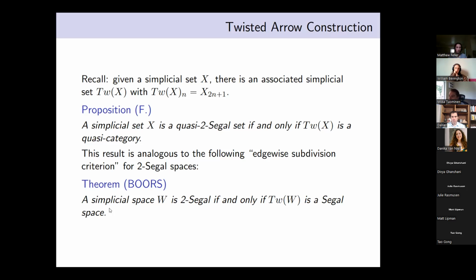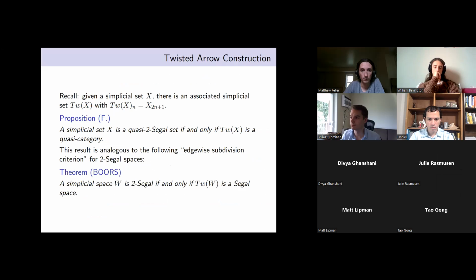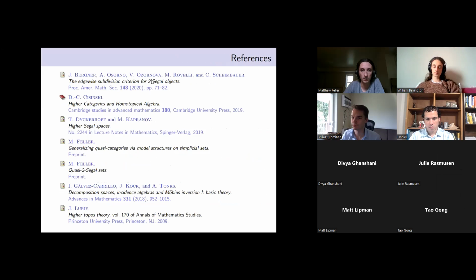There's a paper showing that a simplicial space is 2-Segal if and only if its twisted arrow simplicial space is a Segal space, and this is closely related to what the talk was about last week. And here's the reference for that last paper. But that's all I have for today.